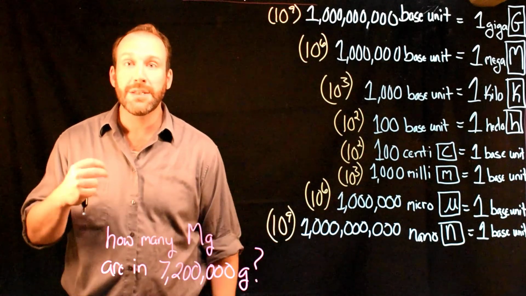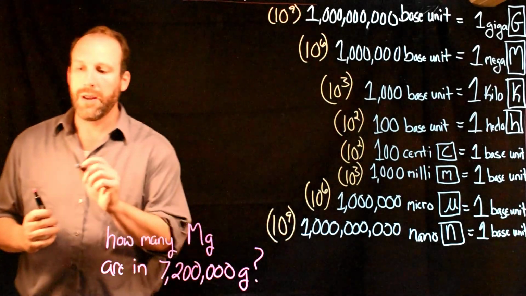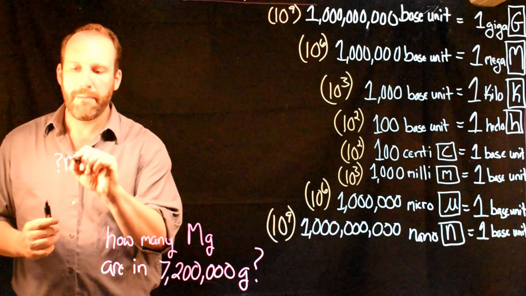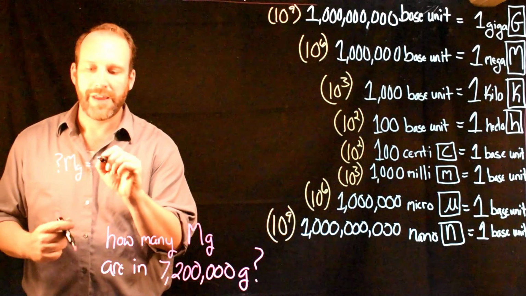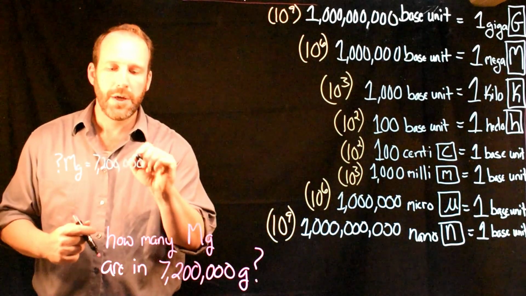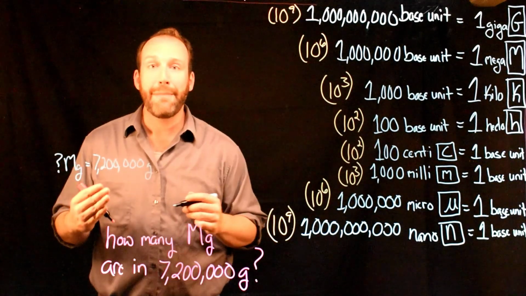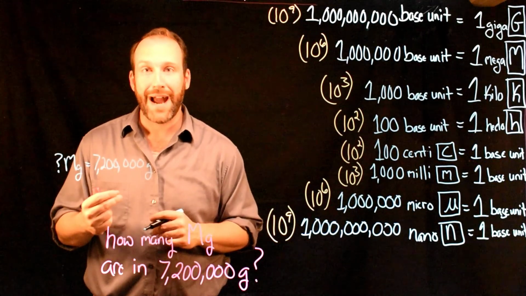So could we put 7,200,000 grams into megagrams? The question that we want to ask here is how many megagrams are there in 7,200,000 grams? Well, in order to do that math, I'm going to need a conversion factor again.